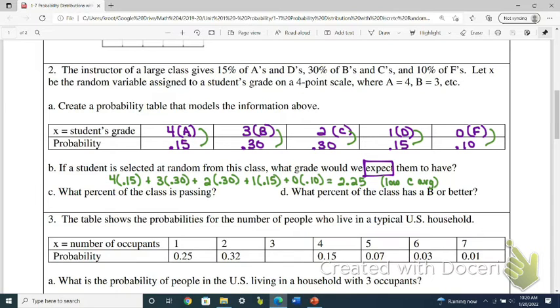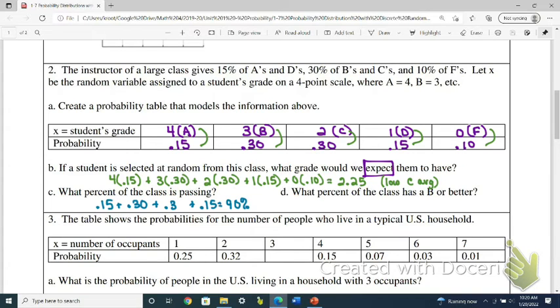What percent of the class is passing? So passing is everything above F. So we add those up. So that's 0.15 plus 0.30 plus 0.30 plus 0.15, and we get 90%.